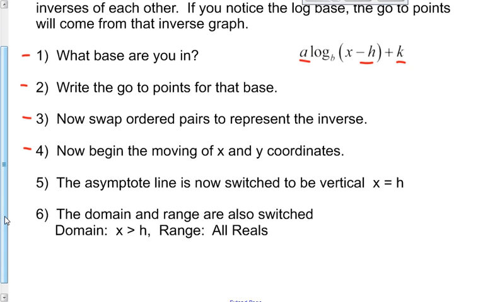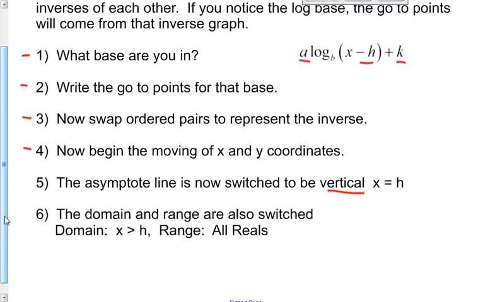Since we are doing an inverse model, everything that we have done in the past will now be switched. Your asymptote line for the exponent graph will now switch to be a vertical line for your logarithm graph. And your domain and range will also switch from what we're used to with the exponential graph.